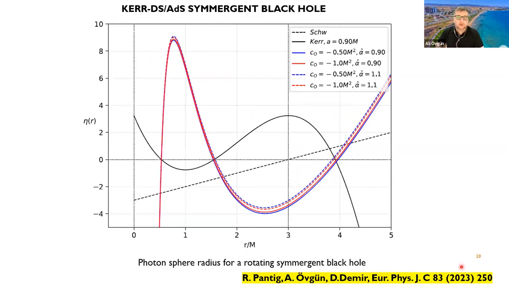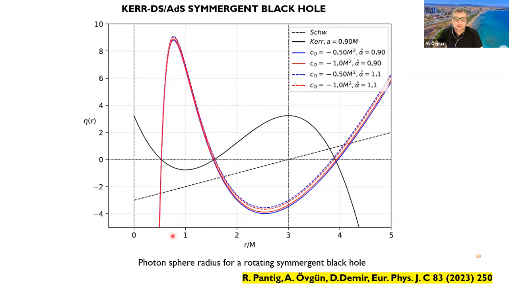After that, we also construct a rotating ADS-DS type Symmergent black hole solution, and then we study its behavior and its effect on the shadow radius and also lensing. So here, in our plot of the photon sphere radius for the rotating Symmergent black hole, first you can see the location of the photon sphere along the equatorial plane.